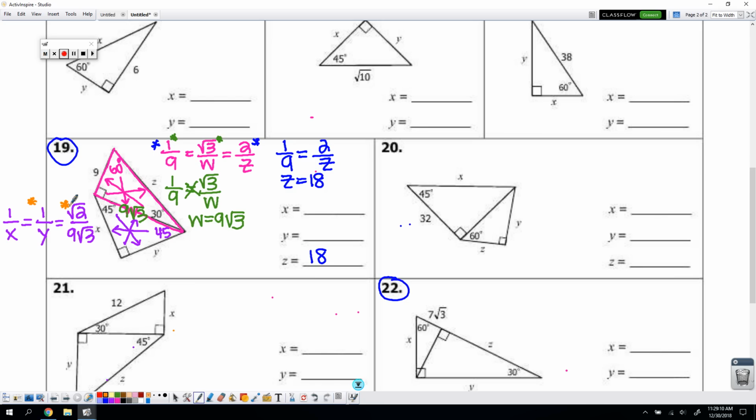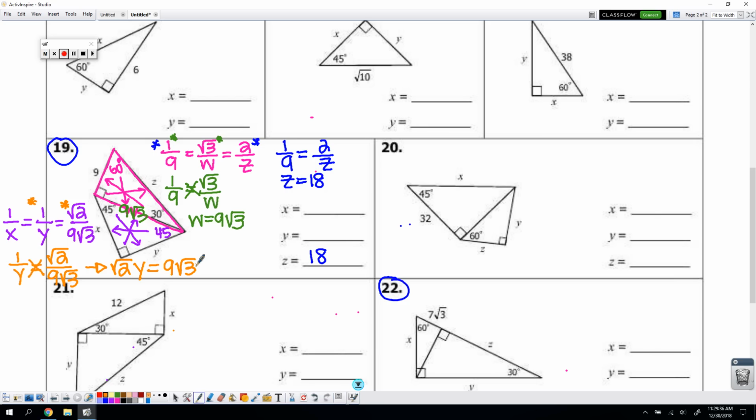So we have 1 over y equals square root of 2 over 9 radical 3. We're still going to crisscross. So we get the square root of 2y equals 9 radical 3.